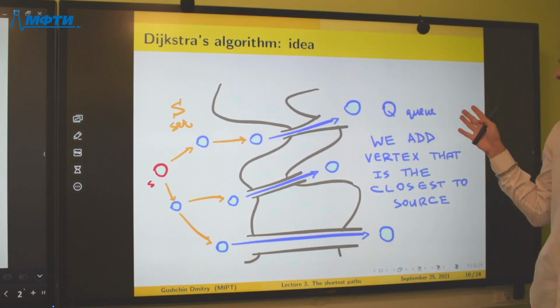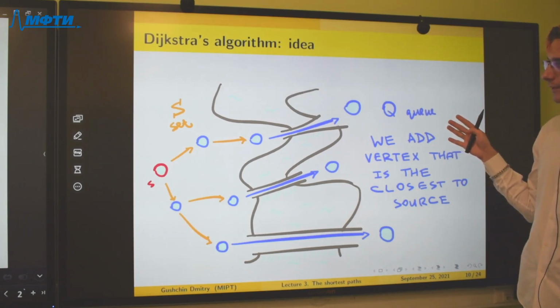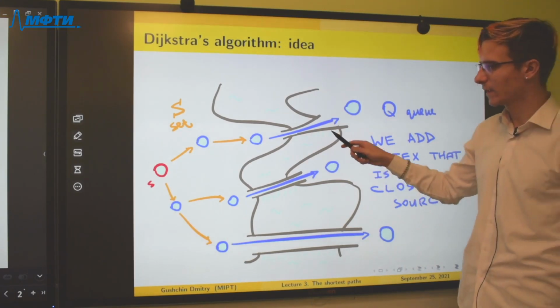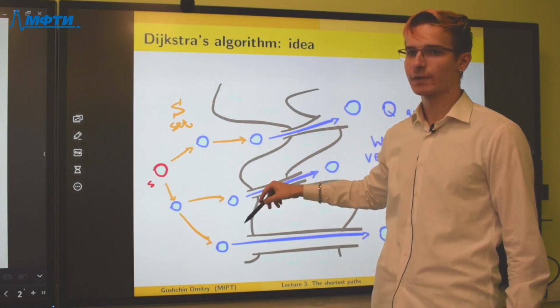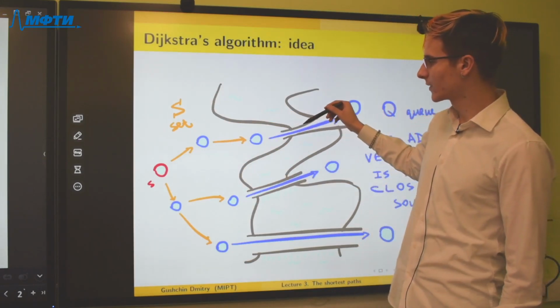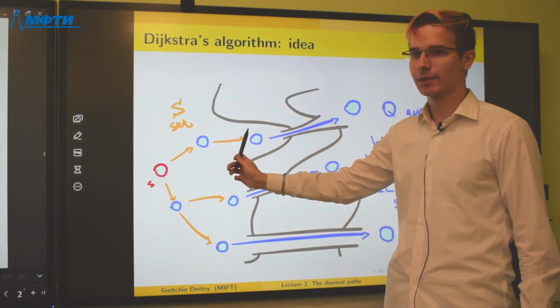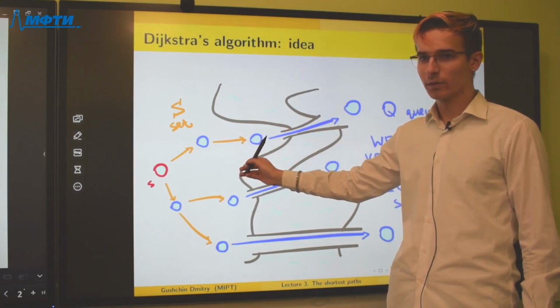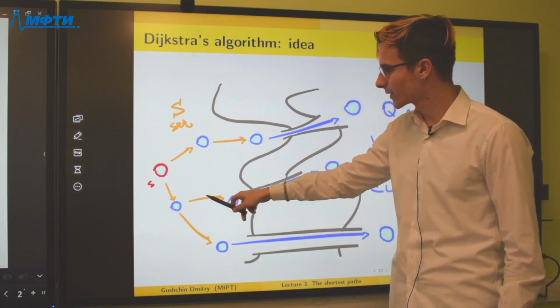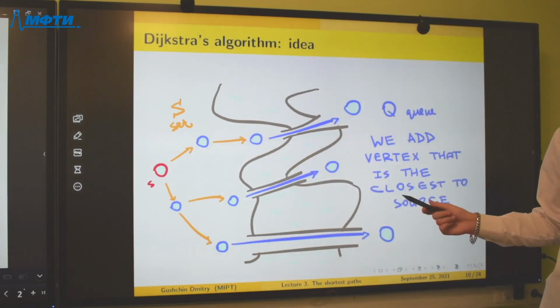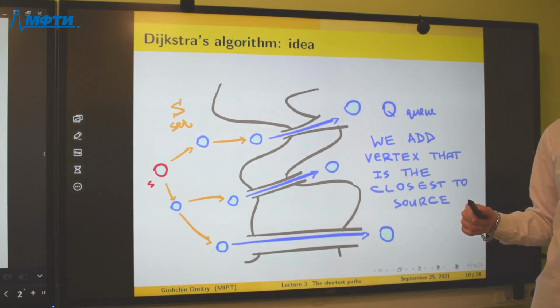About Dijkstra's algorithm, about the idea of it: if we have some set of vertices for which we know the real distance between the source and it, that is, we know the shortest path between it and the source.